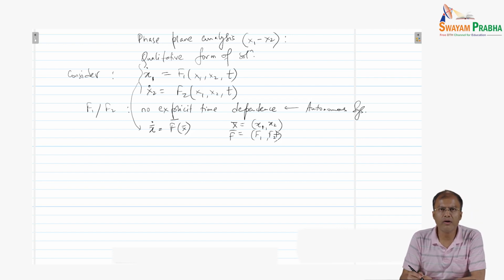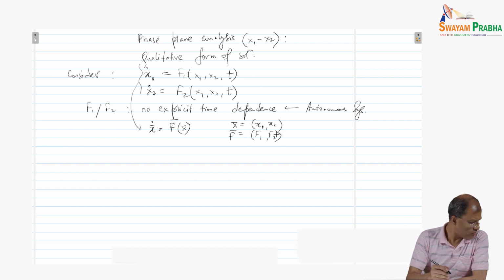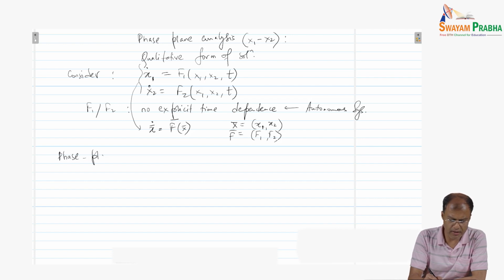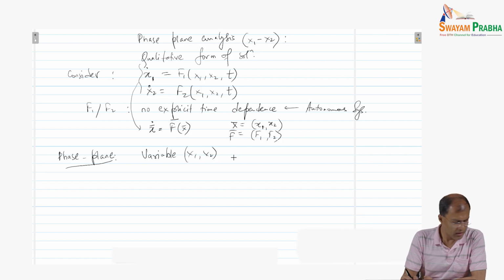So let us now quickly introduce some terms. The first terminology is that of phase plane. So what do we mean by phase plane? We say that the variables x1, x2 can be represented by a point in the x1 x2 plane.